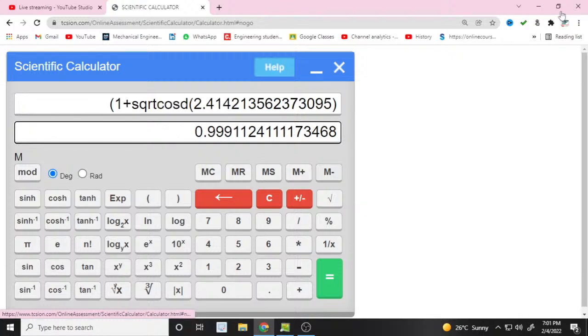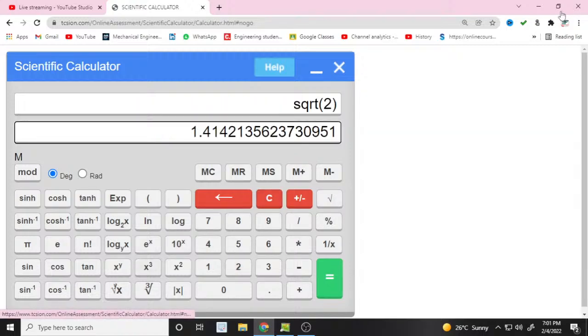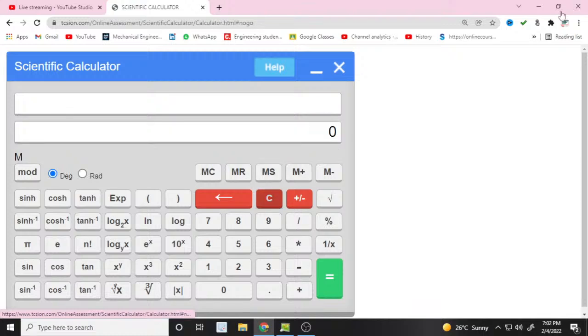So subtract from the memory, clear the memory, 2 root 2, 2 root 2, that we have to add to the memory, then clear the screen, then plus 6, 6 plus. So we have to read that.